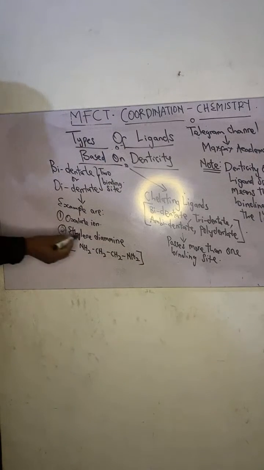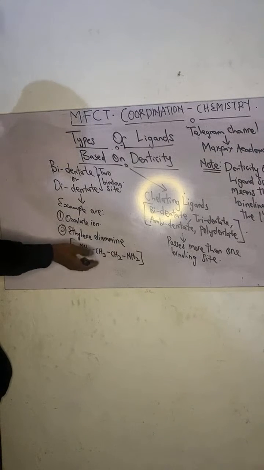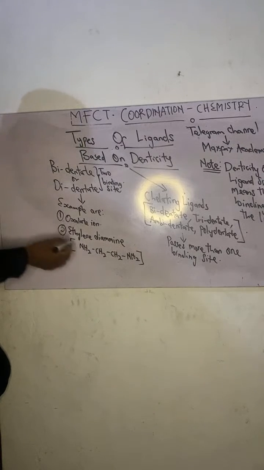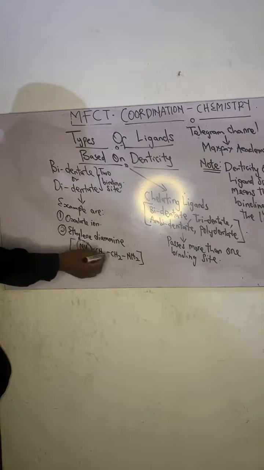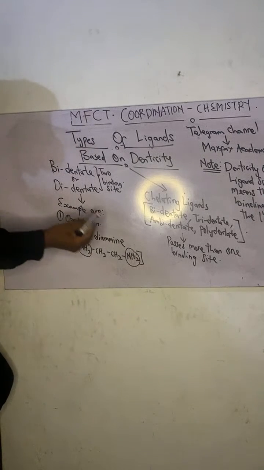Now, for ethylene diamine, the formula is NH2CH2CH2NH2. So the first binding site is NH2, while the second binding site is NH2. Do you get that? So that is an example of ethylene diamine.